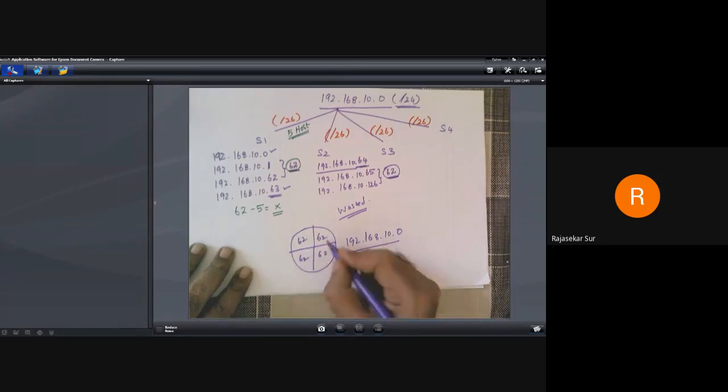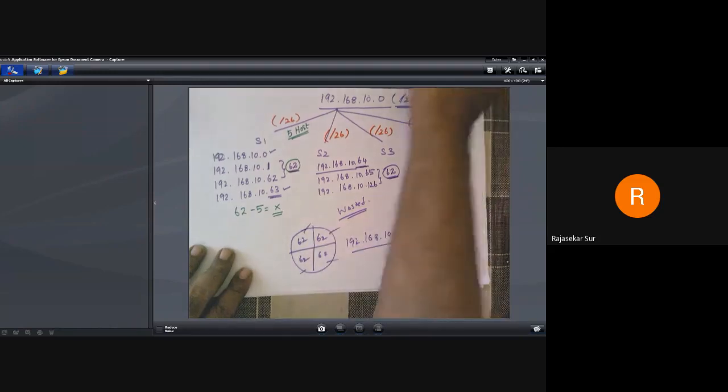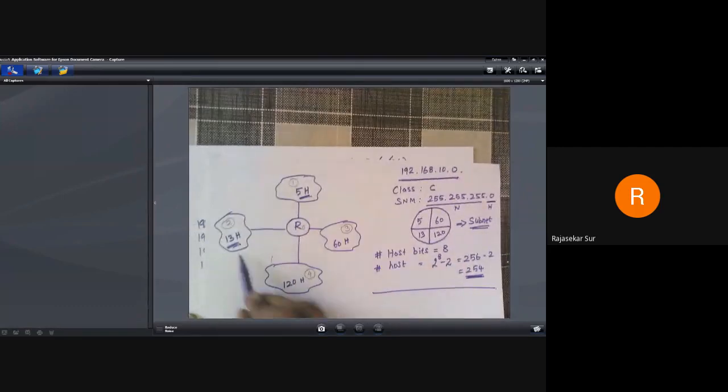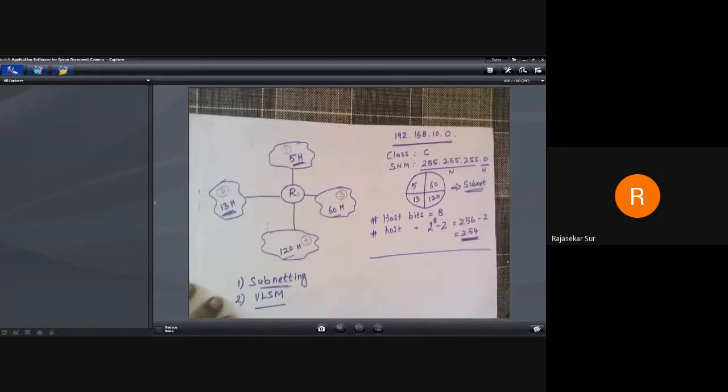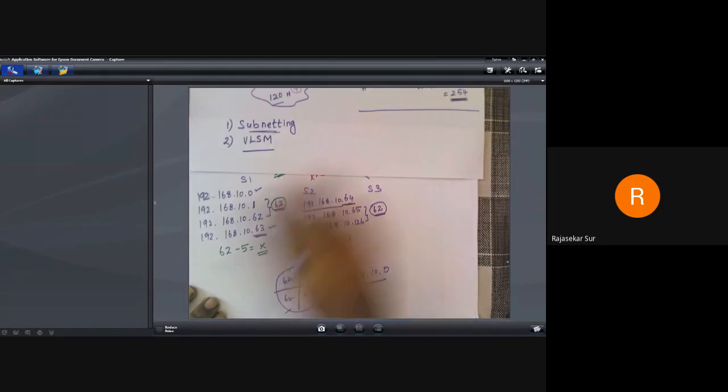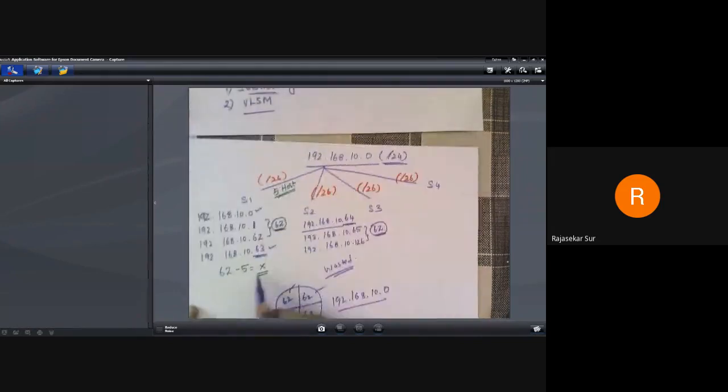I'm giving it to the first subnet, second subnet, third subnet, fourth subnet. But here we need different amounts: 5 hosts, 13 hosts, 120 hosts, 60 hosts. I'm not going to worry about anything; I just divide equally and give it to you. So here also we have wastage.